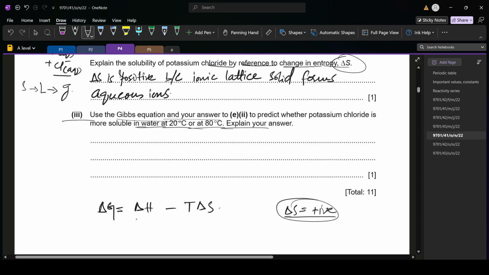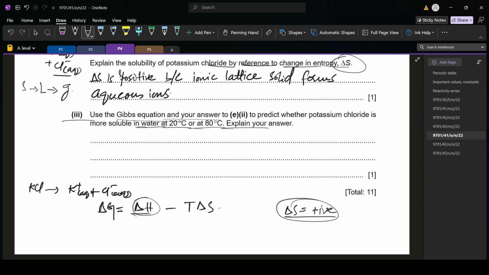Now you have to see what the enthalpy change is. When potassium chloride dissolves, it forms aqueous potassium ions plus chloride ions.